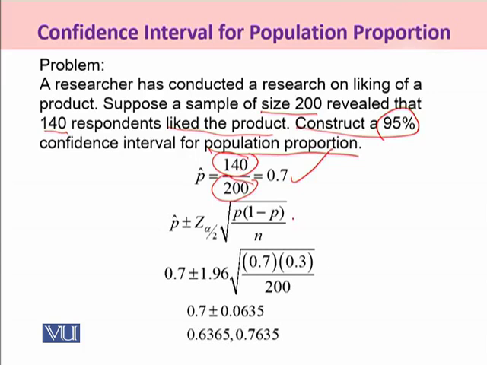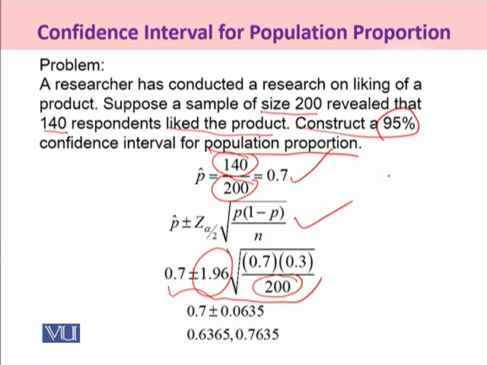So students, by plugging the information into this particular formula, we obtain this information. Now here P hat we have just calculated as 0.7. 1 minus P will be 0.3, when we subtract 0.7 from 1. And n was 200. How do we get the critical value as 1.96?